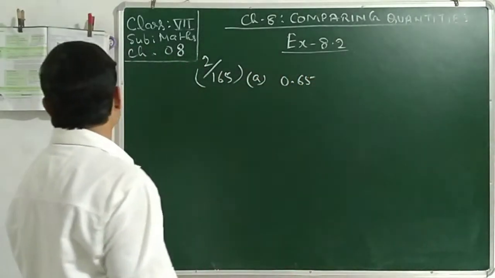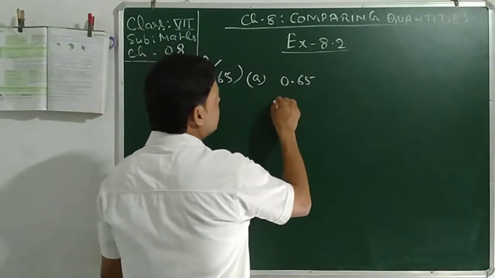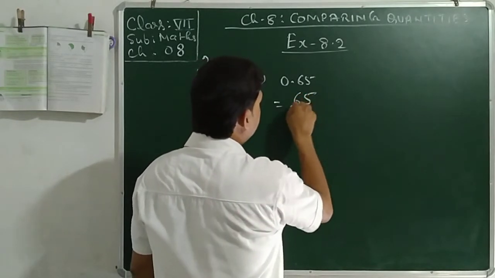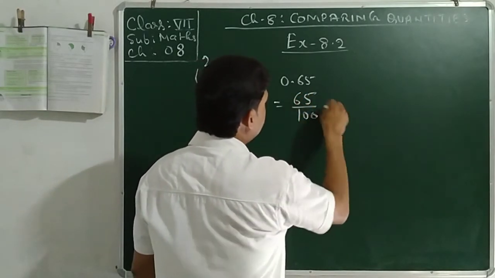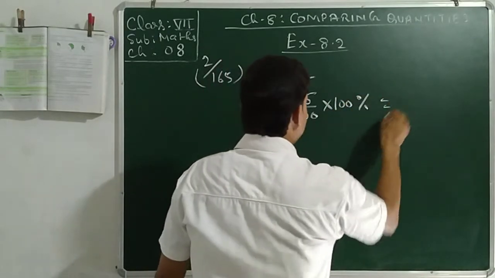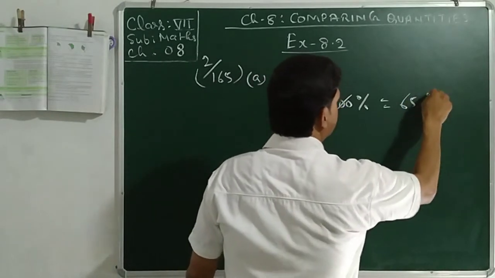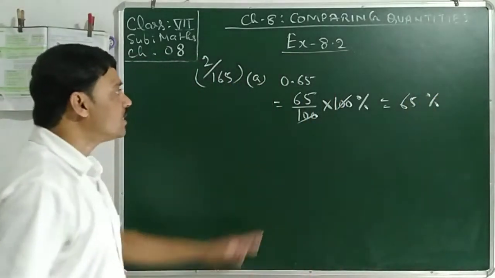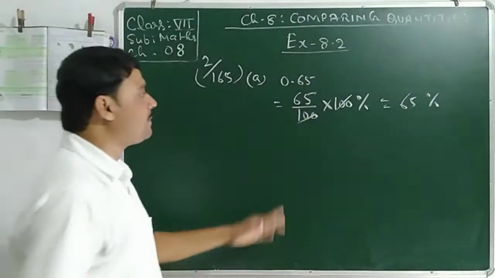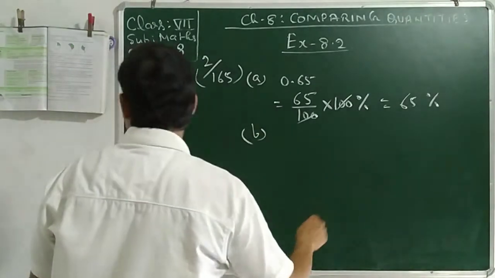To convert this decimal fraction to percent, we will write 65 by 100 into 100%. That will be 65%. Similarly, convert the decimal number to the fractional number and multiply by 100. This will be the percentage of the decimal number.